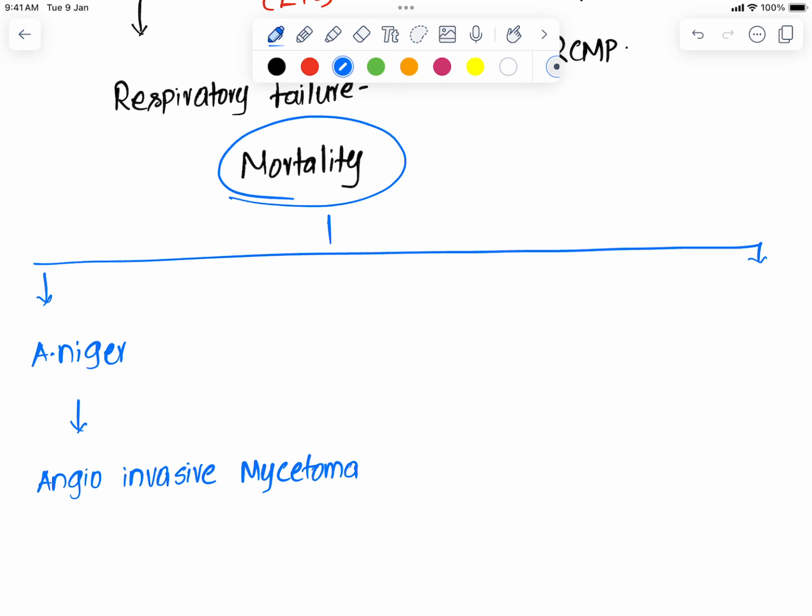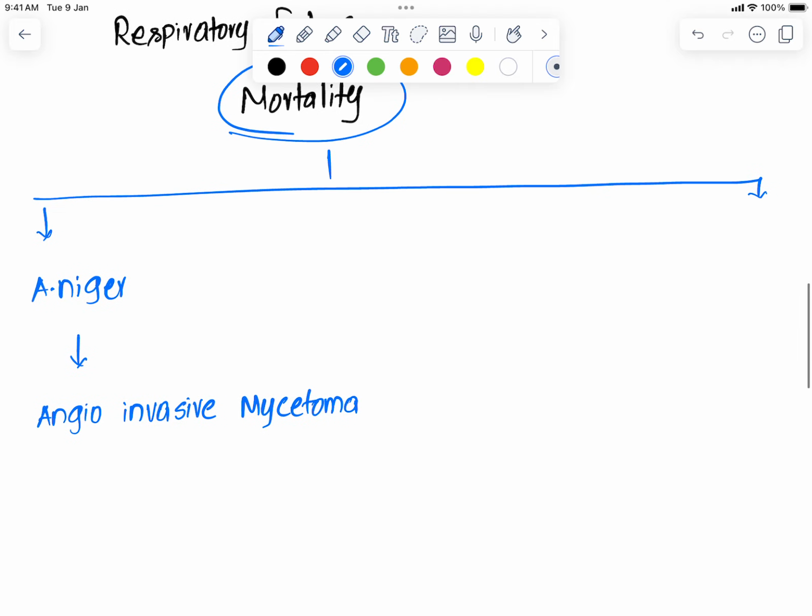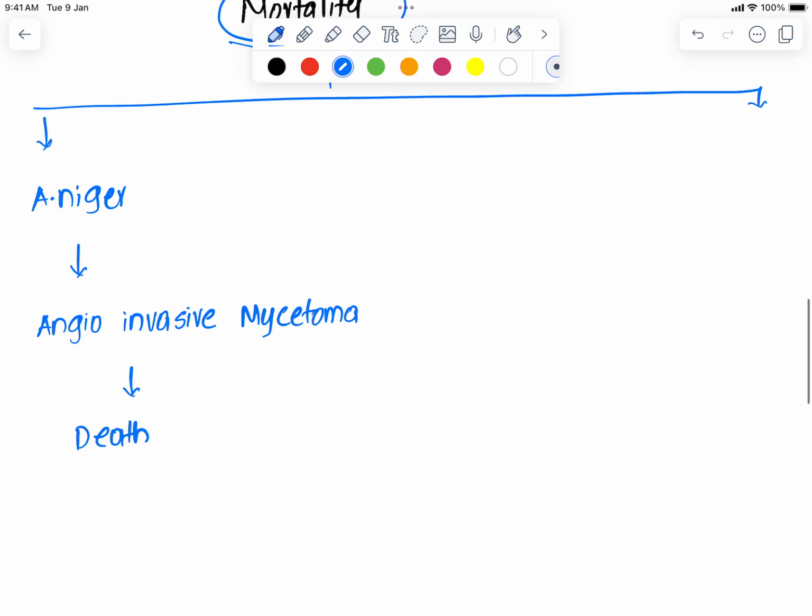This angioinvasive mycetoma can also cause death in patients with sarcoidosis. And in angioinvasive mycetoma, what could be the cause for the death? The cause of death in angioinvasive mycetoma will be due to massive hemoptysis.